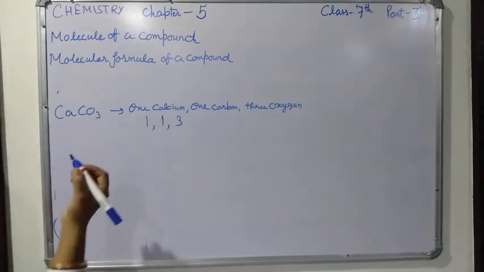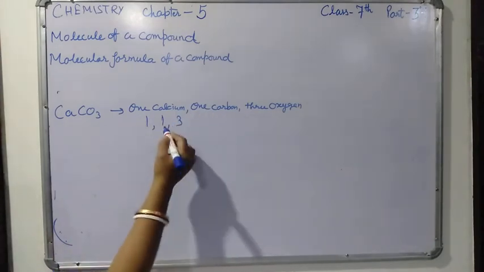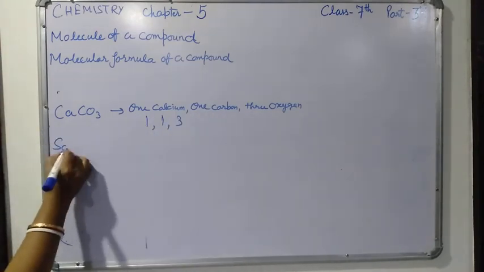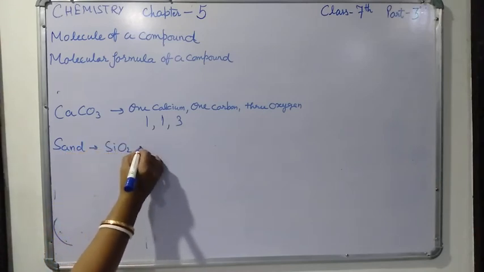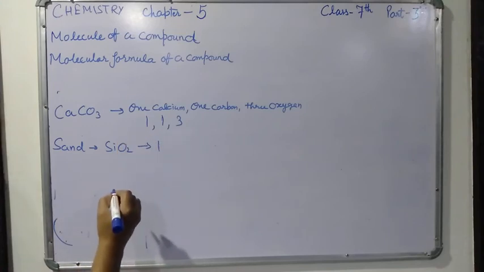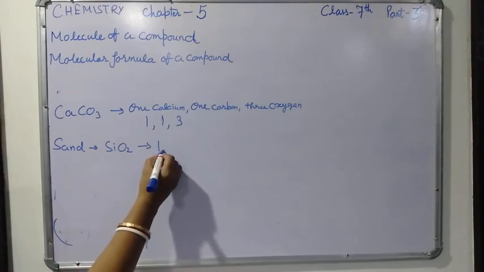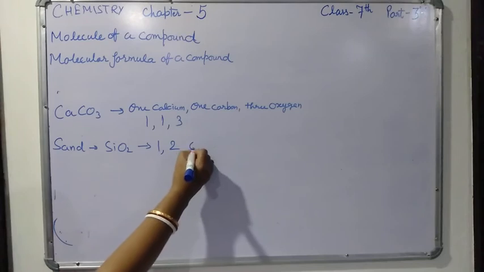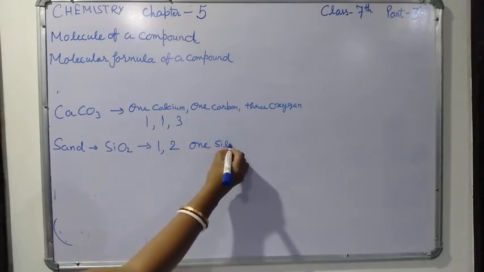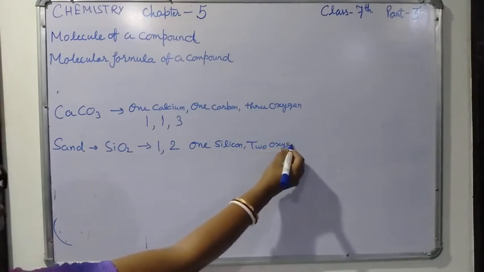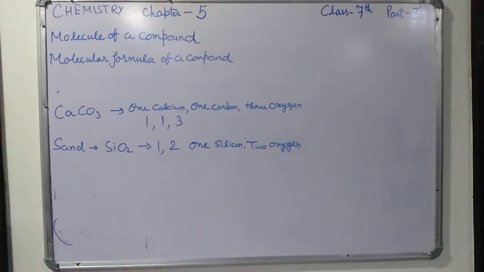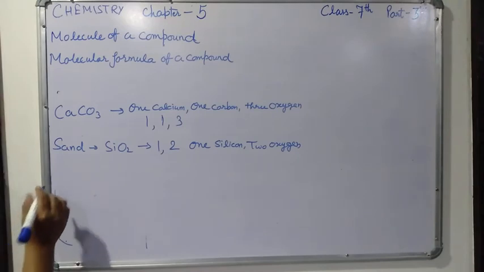Likewise you can write the constituent elements and number of atoms also. Sand formula is SiO2: 1 silicon and 2 atoms of oxygen. So these are the molecular formulas of some important compounds.